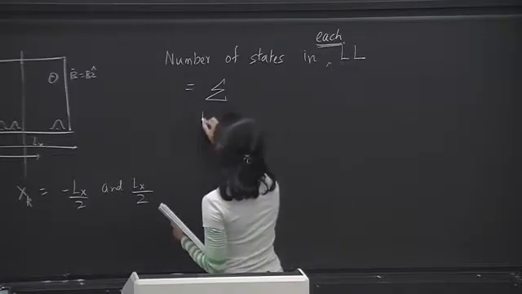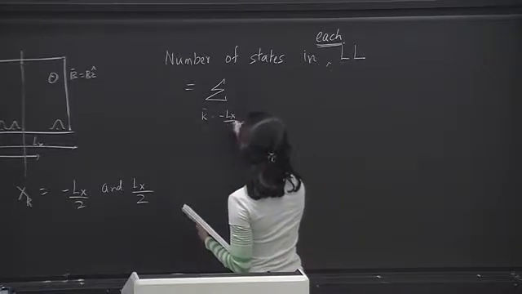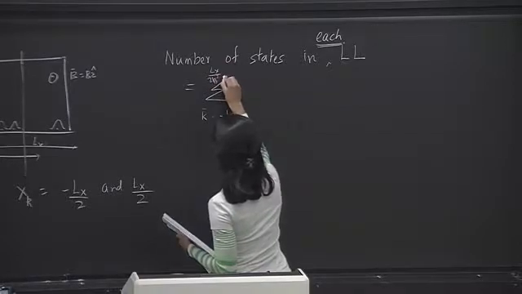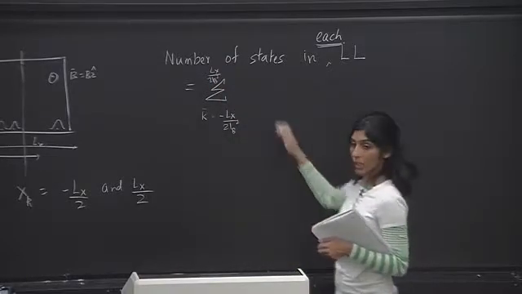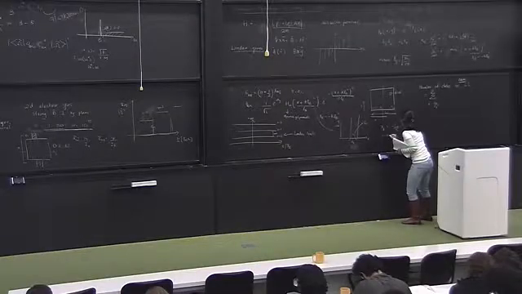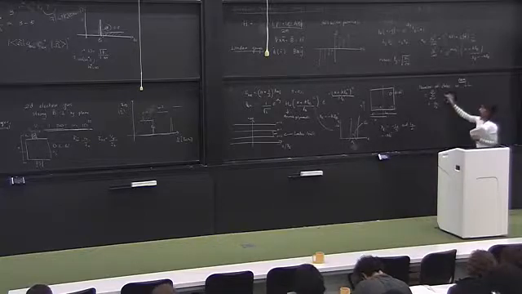Okay, so that means k is, where I just use the formula that x_k is minus k l_B squared, and times 1.